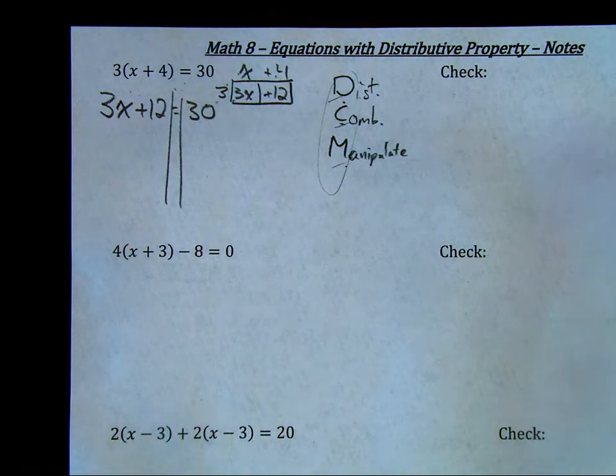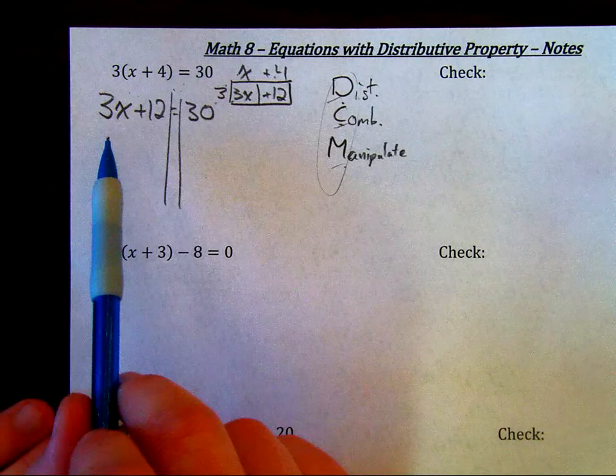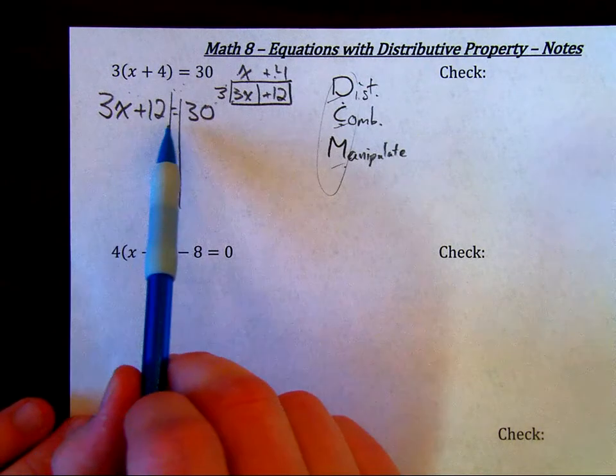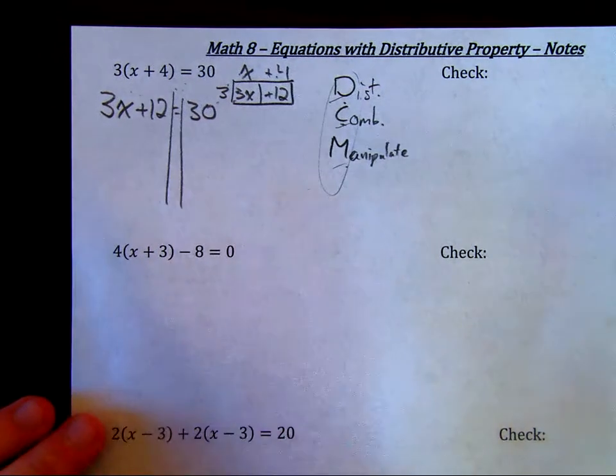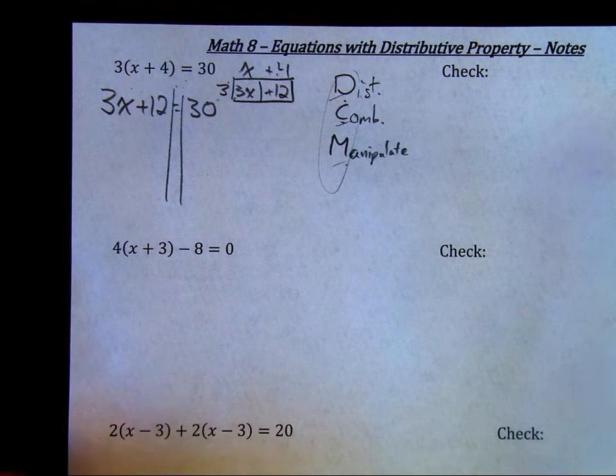Nicholas, if this is my equation, thinking back to last couple days, if this is my equation, 3x plus 12 equals 30, what would you like to do as your first inverse operation? Sounds good to me.